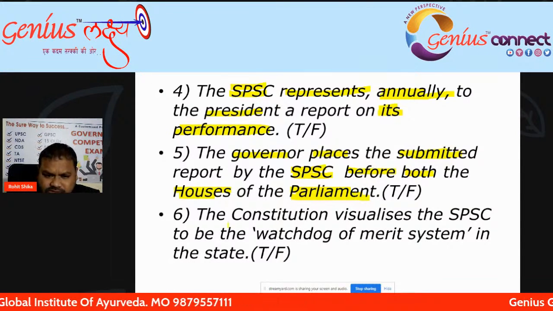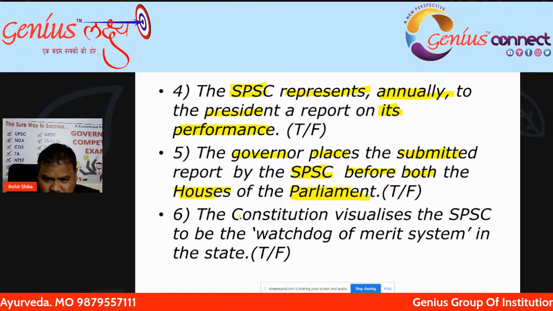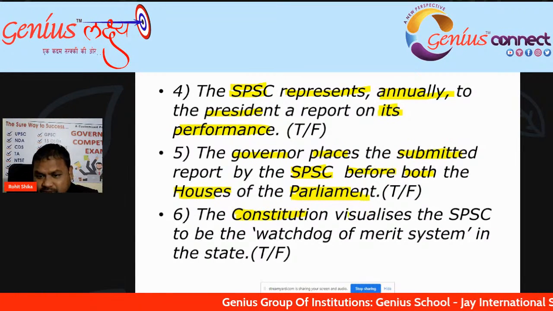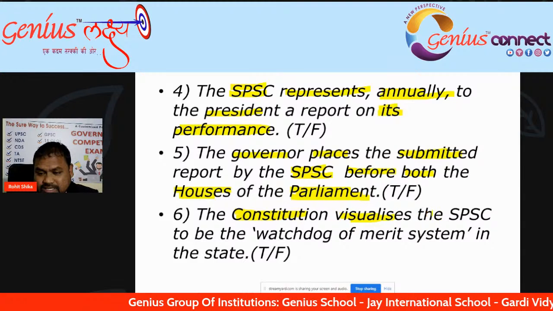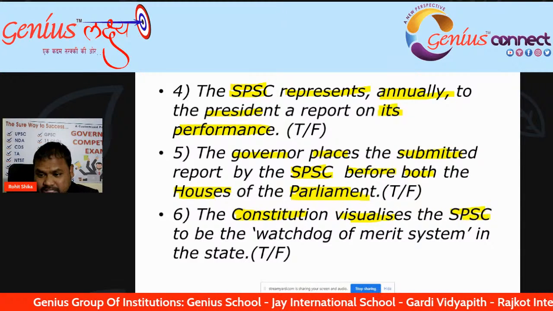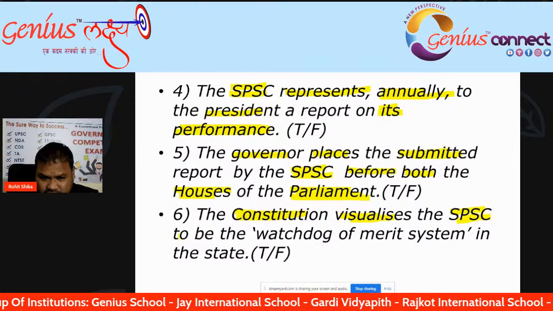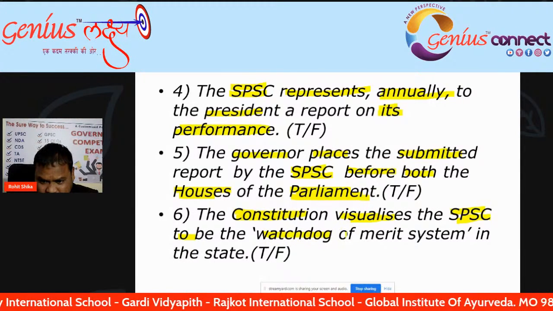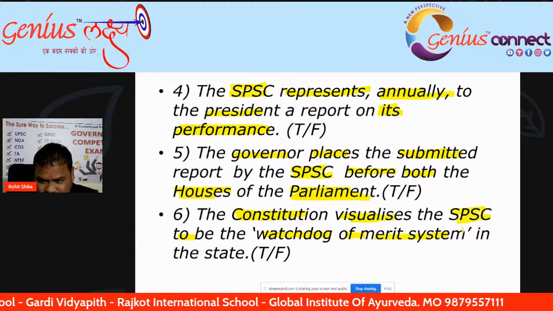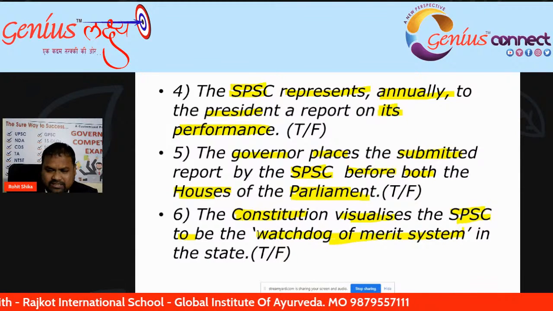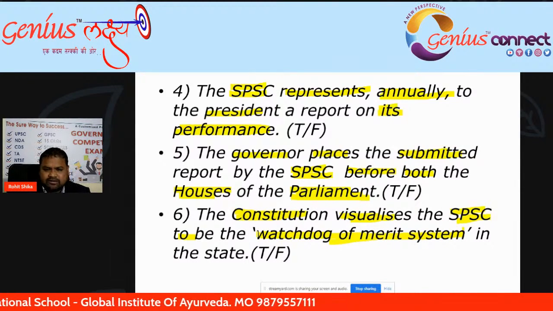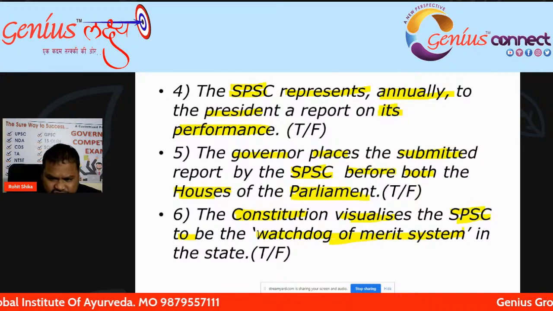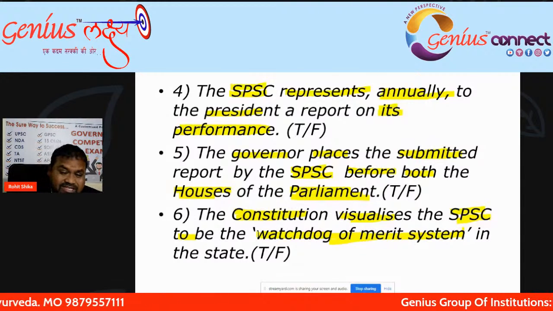Then the Constitution of India, our Indian Constitution, visualizes the State Public Service Commission to be a watchdog of merit system. That means the State Public Service Commission looks after the merit system in the state.